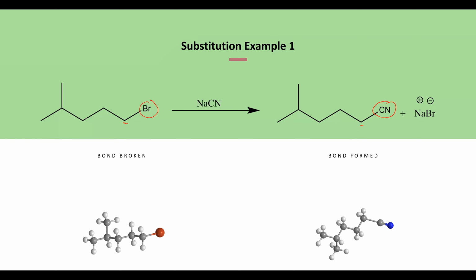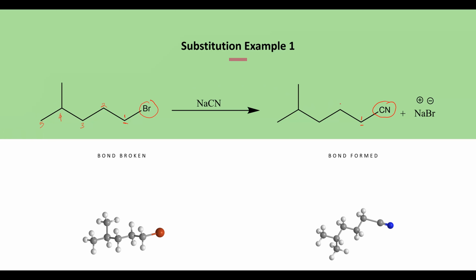So let's go ahead and number these carbon atoms so that we can more clearly see what's going on. Let's designate carbon 1 as the carbon that is bonded to the bromine. And let's also number the carbons in our product.